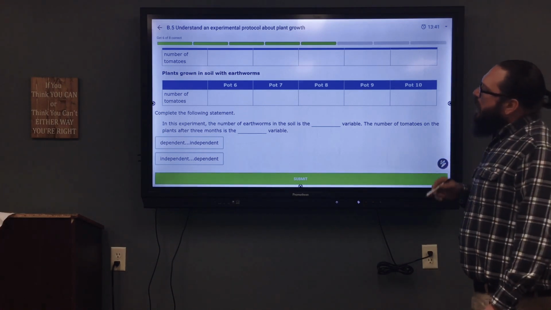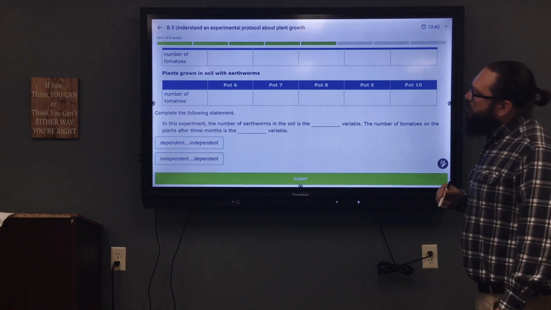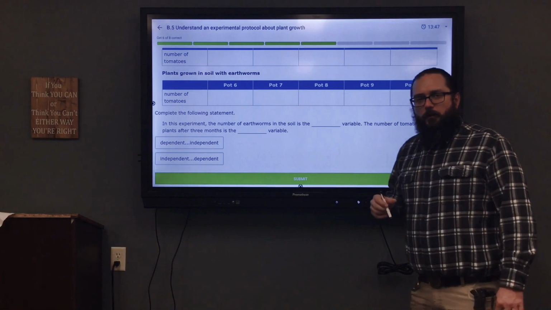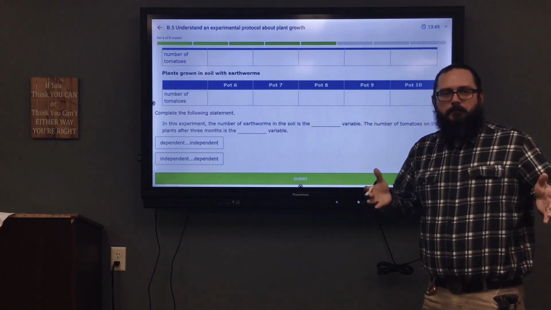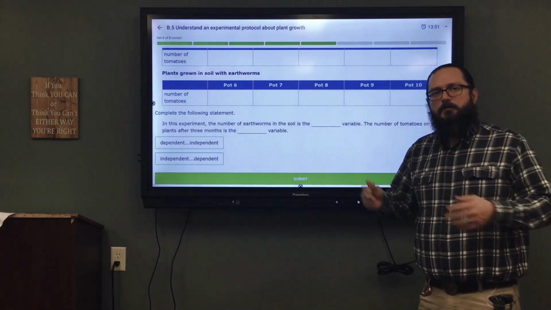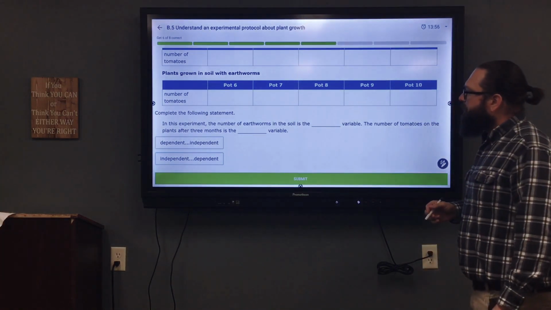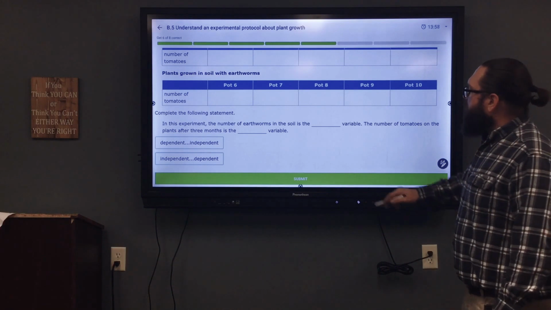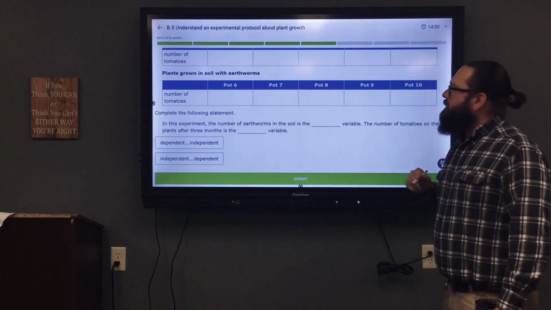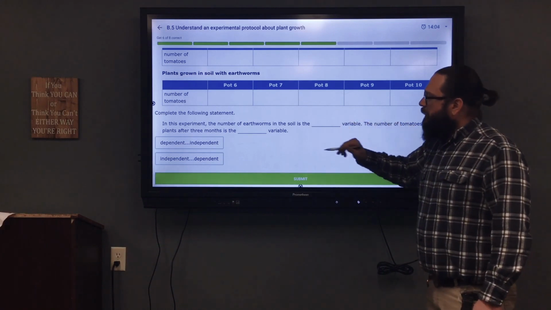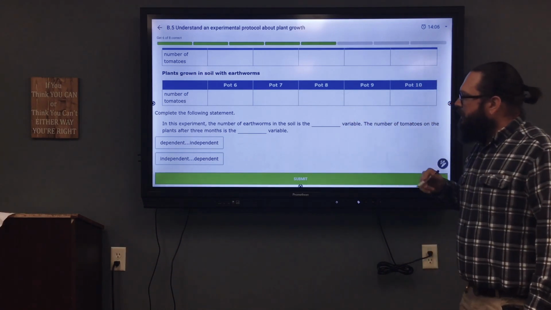And the reason why the earthworms is an independent variable is because we have determined the first 5 pots do not include earthworms, and the last 5, pots 6 through 10, do. So the first blank will be independent. The dependent variable, of course, is the number of plants.